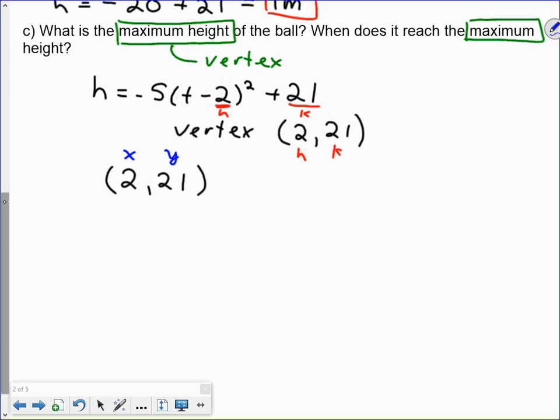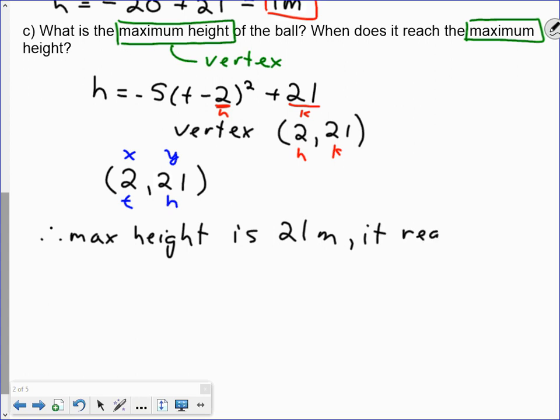So t is taking the place of our x, and h is taking the place of our y. So 2 represents a value for t, and 21 represents a value for h. So when they're asking for the maximum height, we can say the max height is 21 meters. Okay, that's our h value there. It reaches it at a time of, we want our t value from the vertex, 2 seconds.